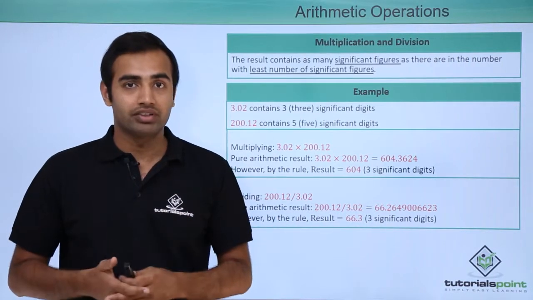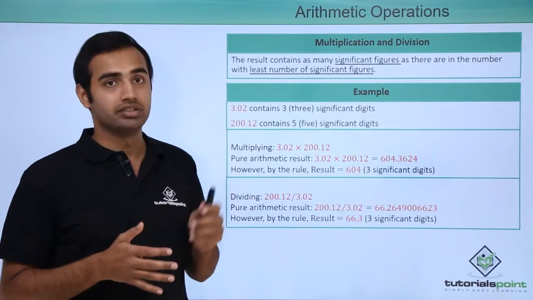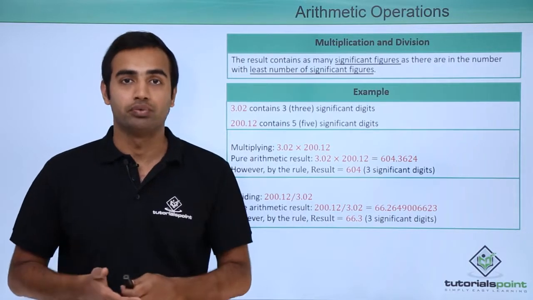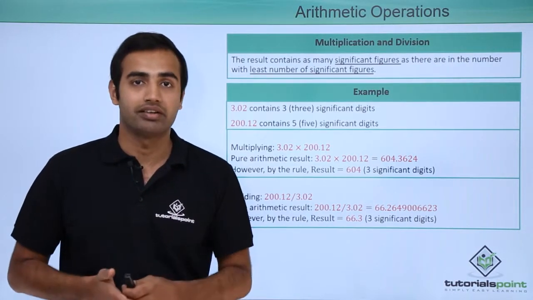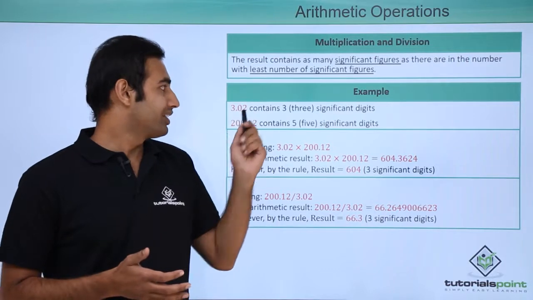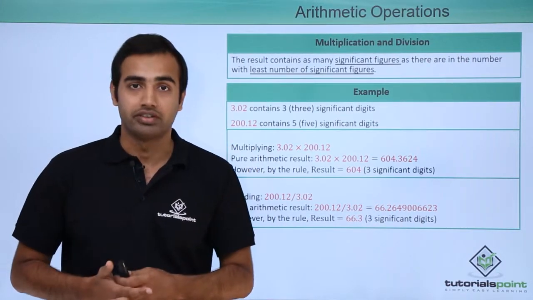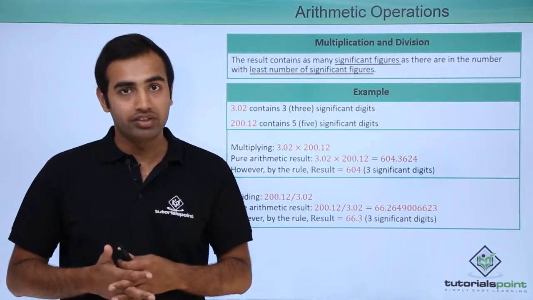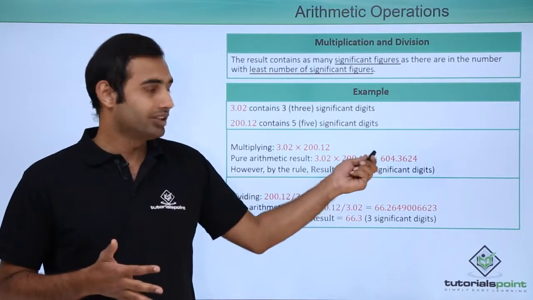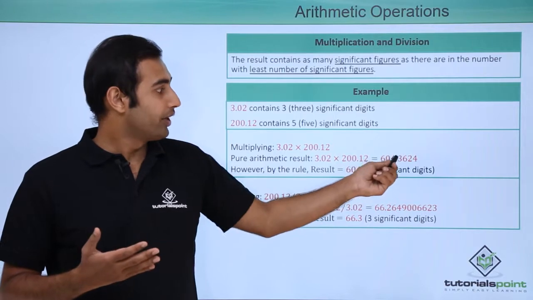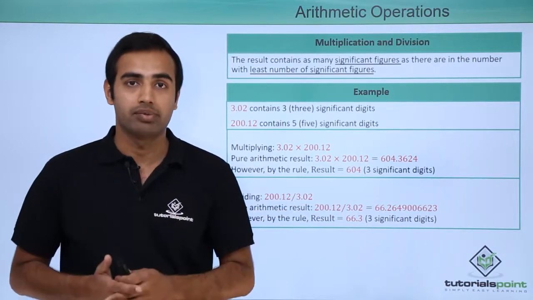Taking an example, let's say I consider two numbers 3.02 and 200.12 as the numbers which will be multiplied and divided. 3.02 contains 3 significant figures and 200.12 contains 5 significant figures. If I carry on the product between them, the result I obtain is 604.3624 by standard multiplication.